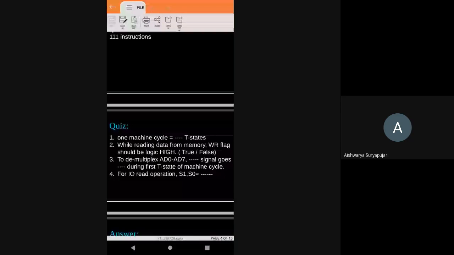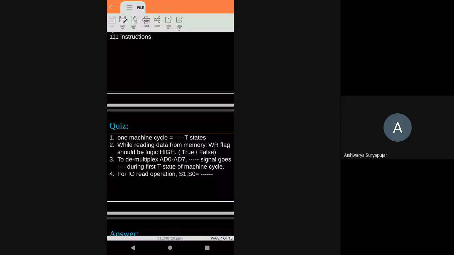That is, logic 1 or logic 0 during the first state of the machine cycle. So this is what has been asked in this question. For demultiplexing, which signal is used and in which state should it be, either connected to logic 1 or logic 0? In that way, the answers are expected.